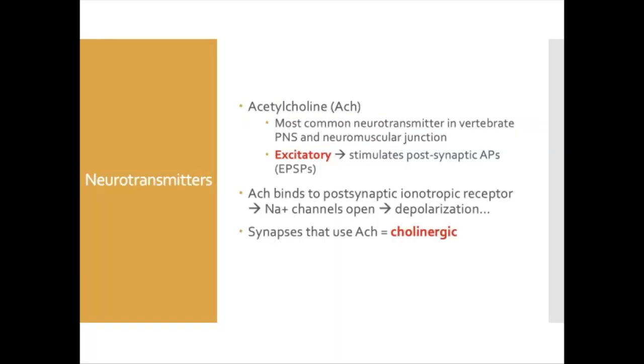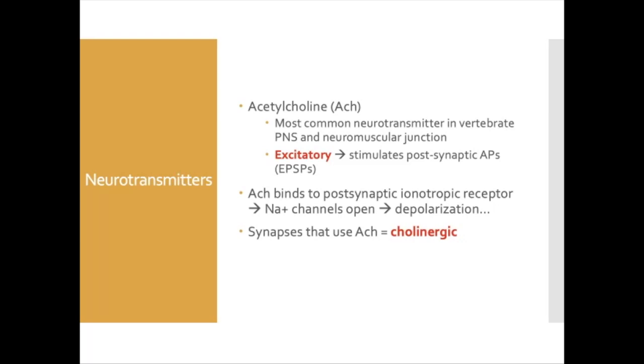There is a tremendous variety of chemical synapses found in the nervous system, both the central nervous system and the peripheral nervous system. And all of those many chemical synapses use a variety of neurotransmitters.